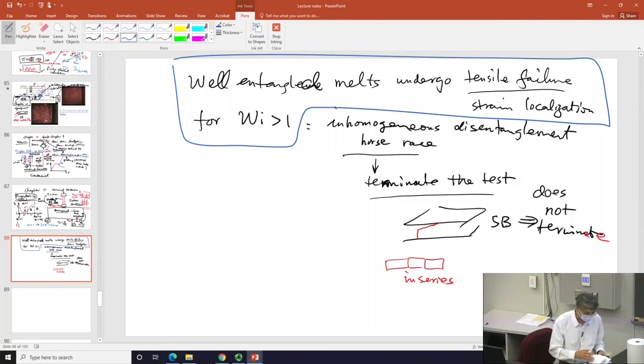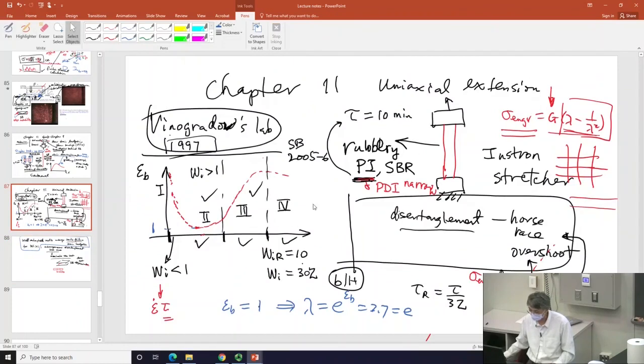So this is the part I want to focus on. I will come back to describe region 4. If I run out of time, we'll describe it next time.